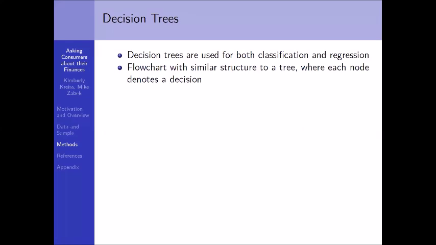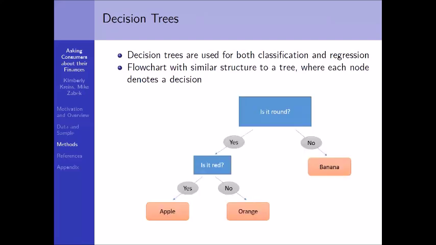They're used for both classification and regression, and they're a flowchart with a structure similar to a tree, where each node denotes a decision. This is a simple example of a decision tree. Say you have a basket of fruit and you want to classify whether they're apples, oranges, or bananas. You might split the sample: is it round? If it's not round, it's a banana. If it is, ask if it's red. If yes, it's an apple. If no, it's an orange.